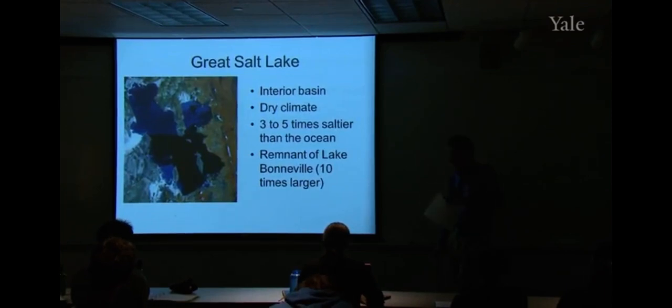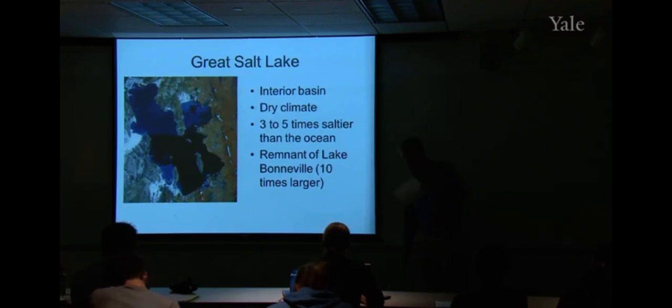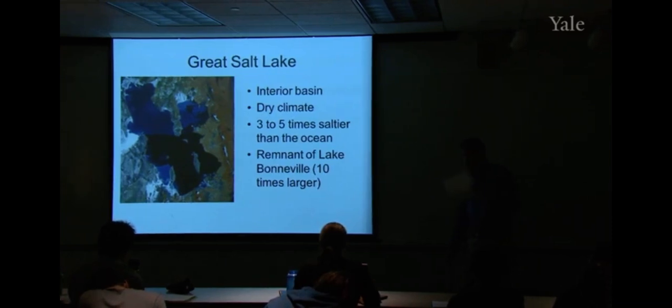This is a no outflow lake. And for that reason, you get the same kind of concentration of salts, the same process as you do in the ocean. So it's a little mini ocean, if you like, in the sense that it has to evaporate its water to get rid of it, and therefore it concentrates the salts.